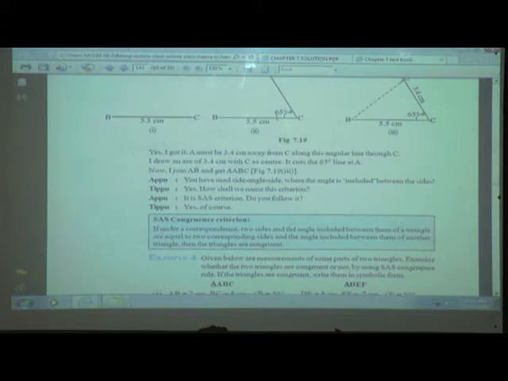Here one of the angles is given to us, that is 65 degree, and the other side is 3.4 centimeter. Here we have two sides and one angle.